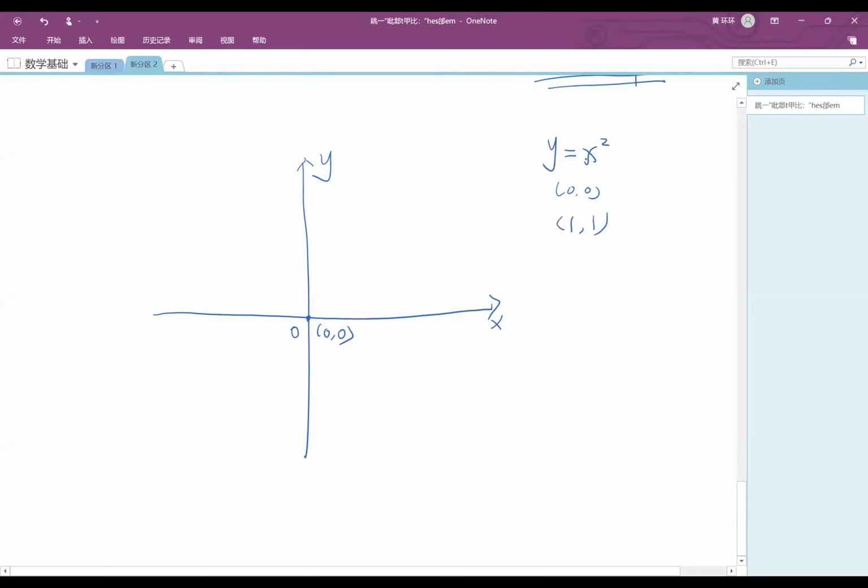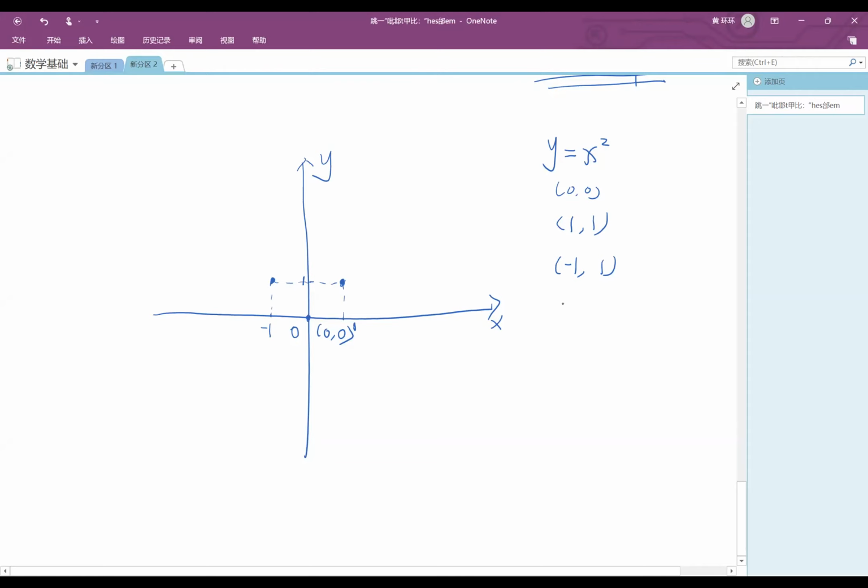And let's see the point negative 1, 1. This point is 1, 1, and this is negative 1, 1. So these points satisfy this equation, right?